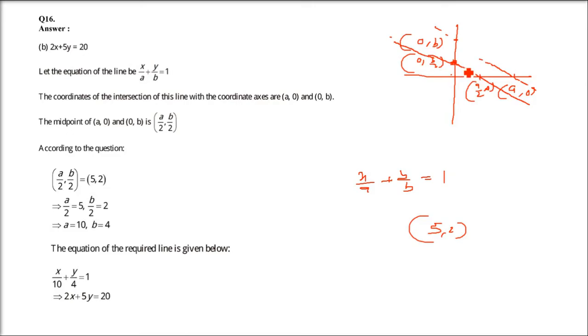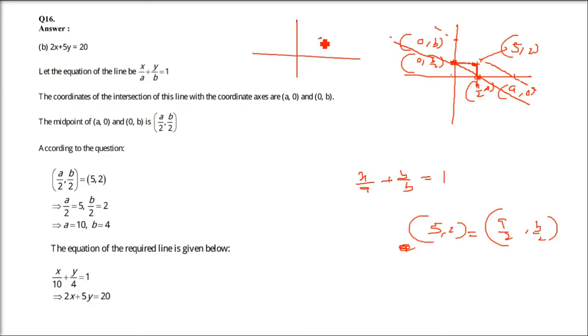If you draw a straight line parallel to x-axis from b by 2, and a line parallel to y-axis from a by 2, those lines will intersect at 5, 2, which is a by 2 and b by 2. So you can just equate them. A by 2 equals 5 and b by 2 equals 2.